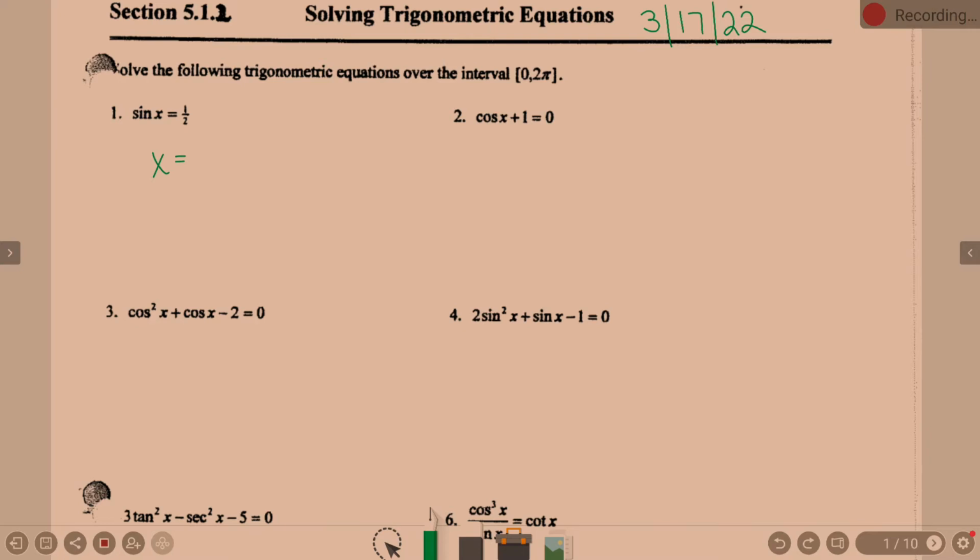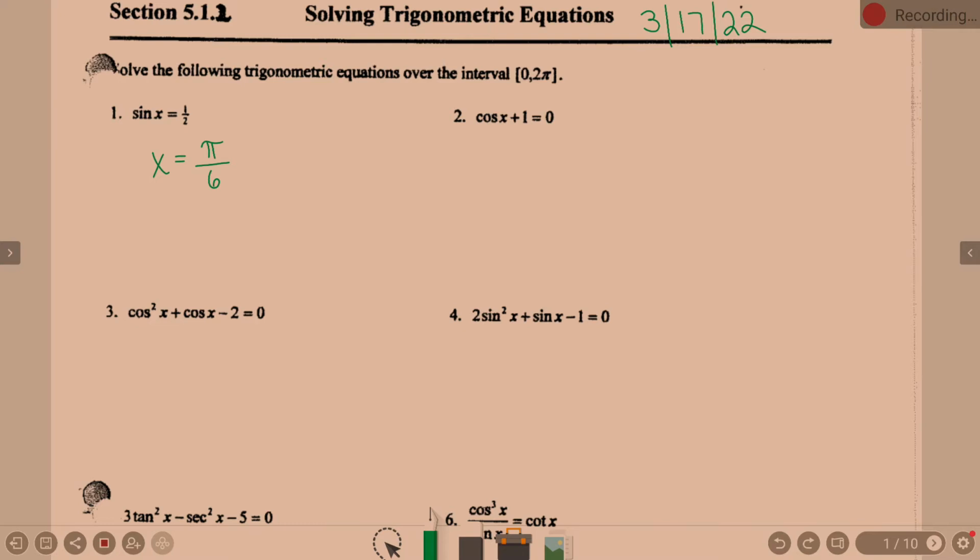My question to you is, at what angle does sine equal 1/2? Pi over 6, correct? And where did he get that answer?